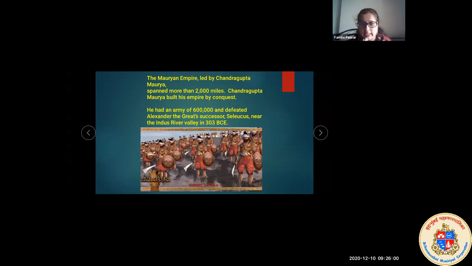Children, in the next slide, you can see the Mauryan Empire led by Chandragupta Maurya spanned more than 2,000 miles. Chandragupta Maurya built his empire by conquest. Same way Alexander did, Chandragupta Maurya also built his empire and conquered all the territories.